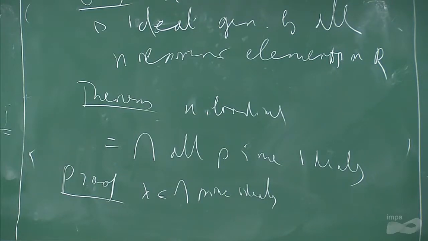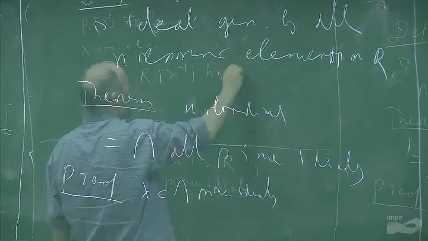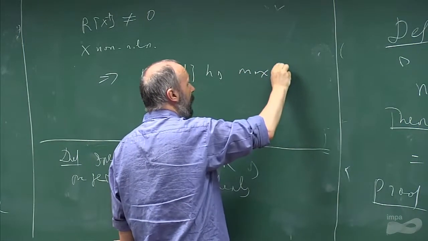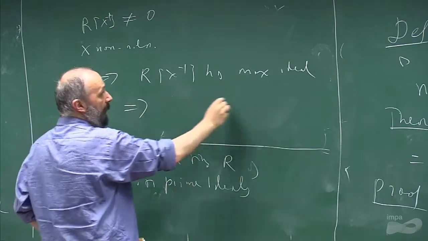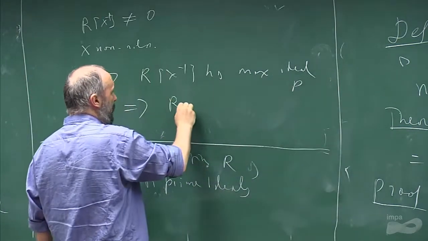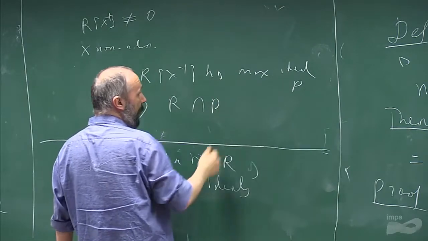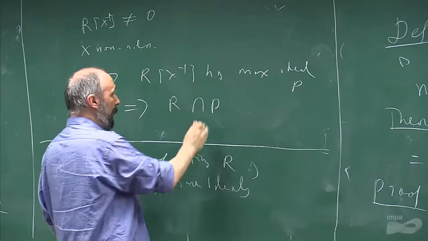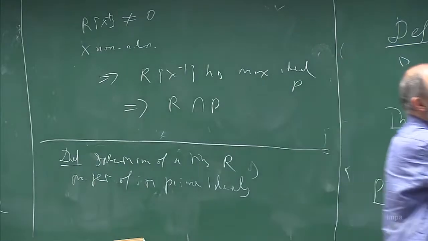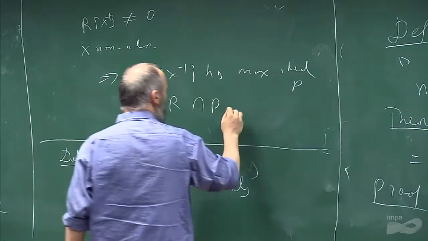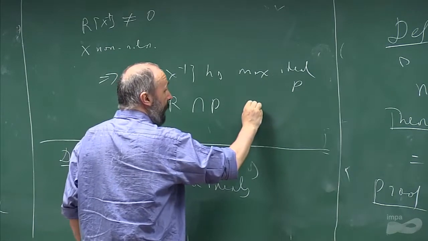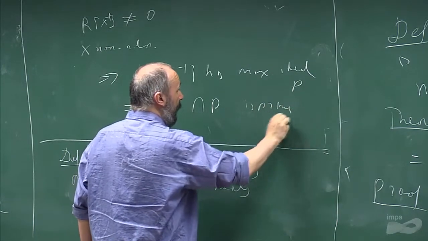So R_x has a maximal ideal P. Then you take R intersected with P, just the preimage under this map, which is a prime ideal.